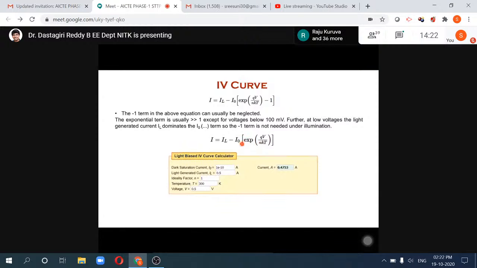But the drift current is more here. The drift current is the light generated current. The drift current is nothing but the current which is passing through the load, which is not passing through the junction, which is passing outside the junction. So that is what IL is here. So the light generated current minus the diffusion current, that is the diode current. That is how the current equation of a PV panel looks.